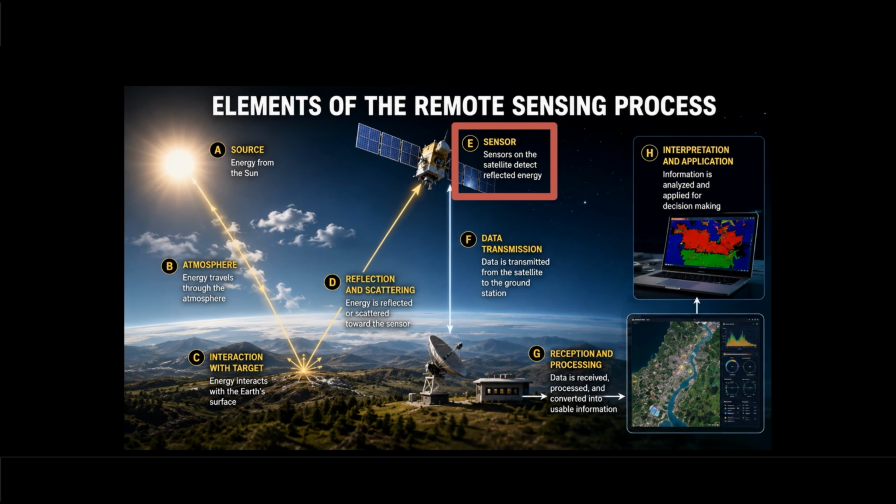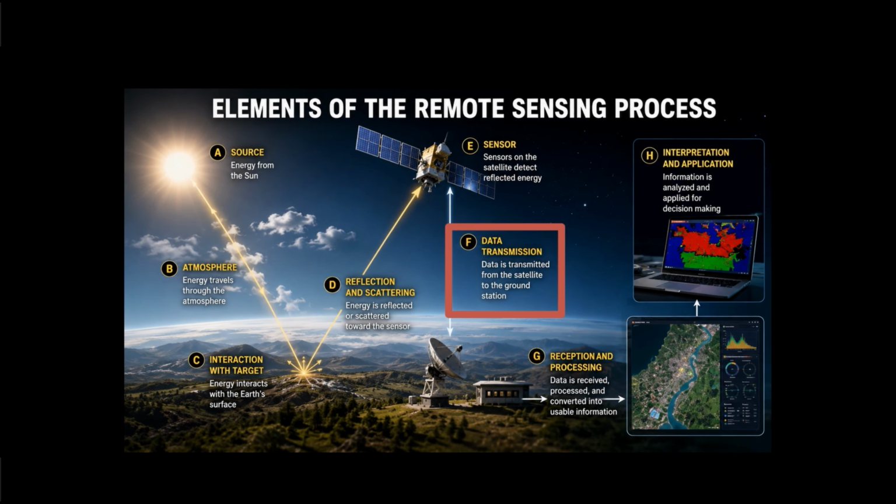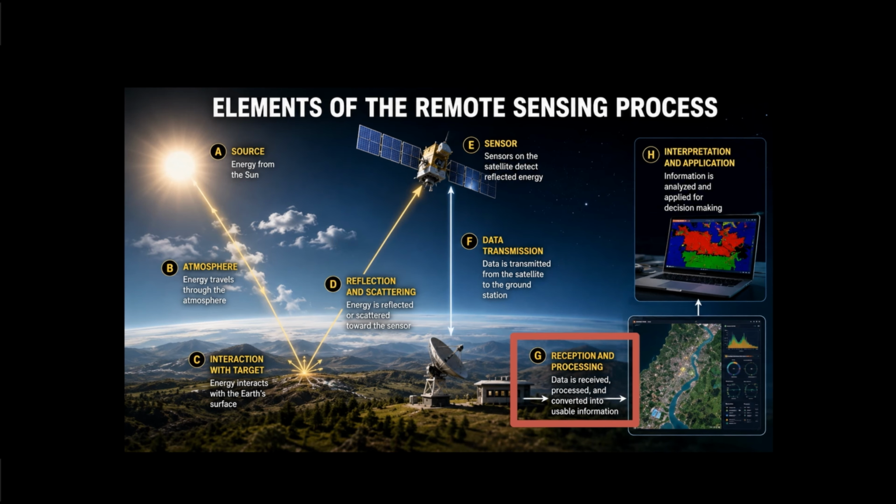The sensor detects the reflected energy. After detecting this energy, it transmits it, which is F. It transmits it from the satellite to the ground station. After the data is transmitted to the ground station, we have the next stage called reception and processing.